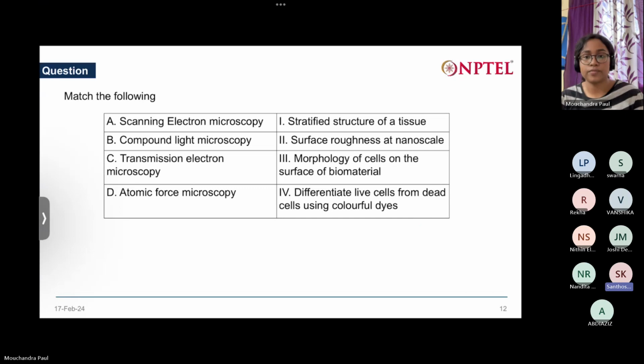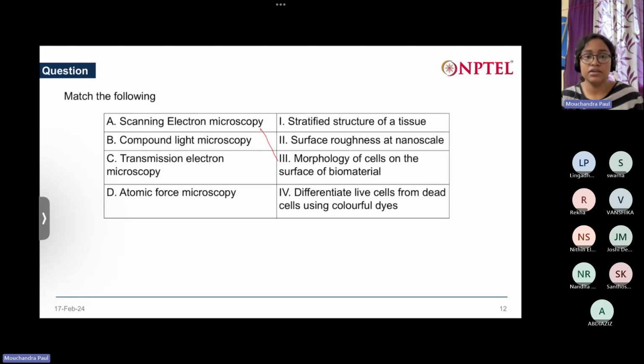Third one, morphology. It's the third one. All right, so you're correct. We can use SEM to understand the morphology of cells on the surface of the biomaterial.